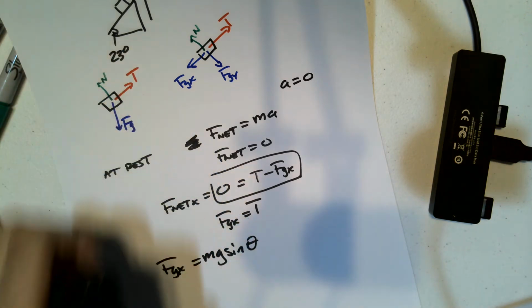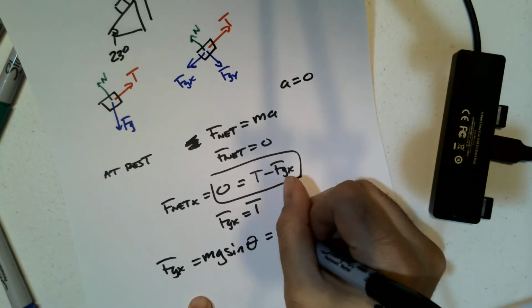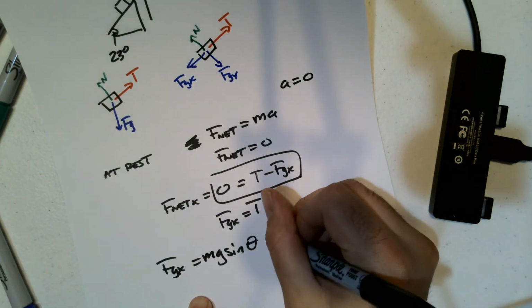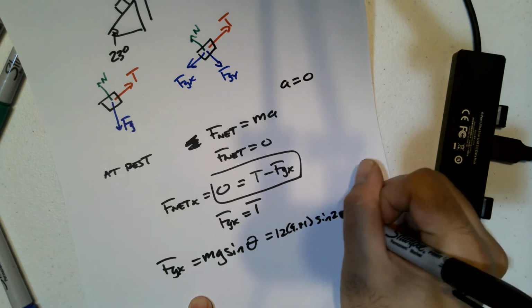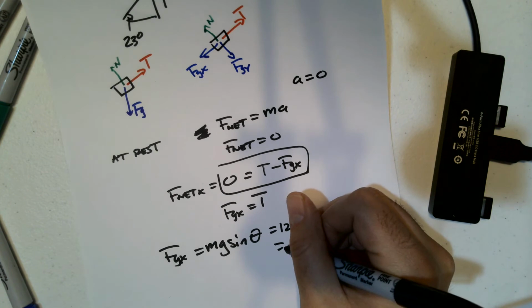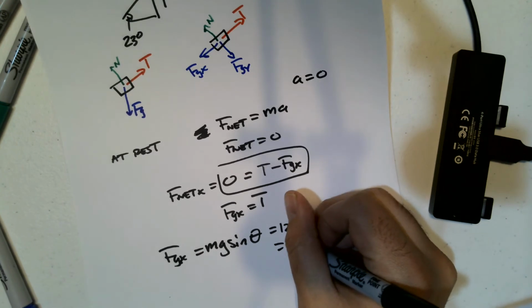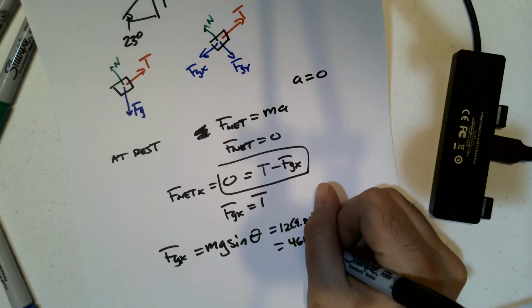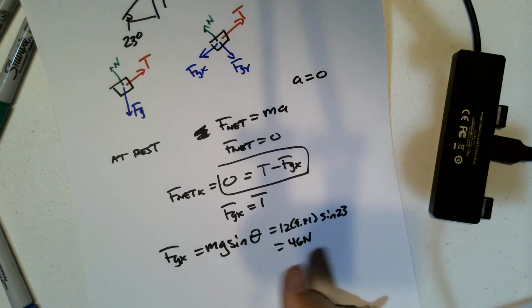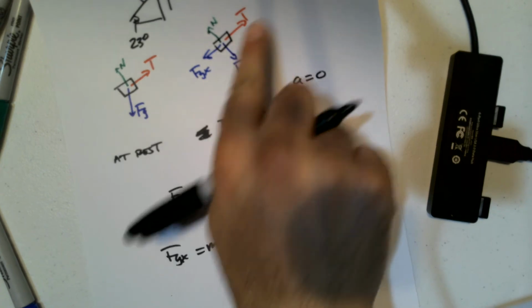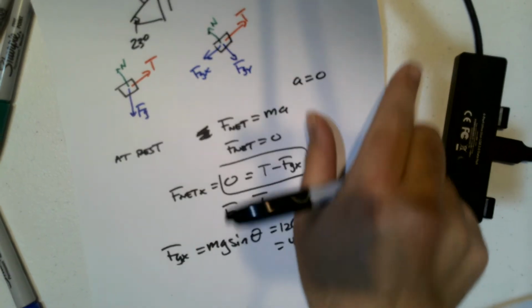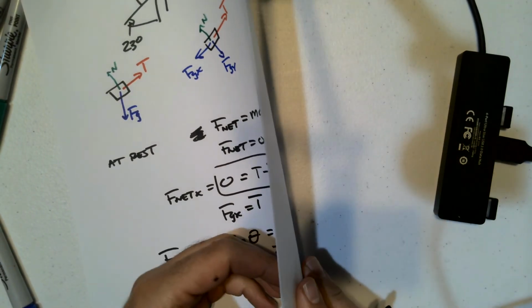What I'm getting is 12 times 9.81 times sine of 23, and a force of 46 newtons. Now that is FGX, but that also happens to be tension as well. It's just that you have 46 newtons pointed that way and 46 newtons pointed that way. So they do end up balancing out.